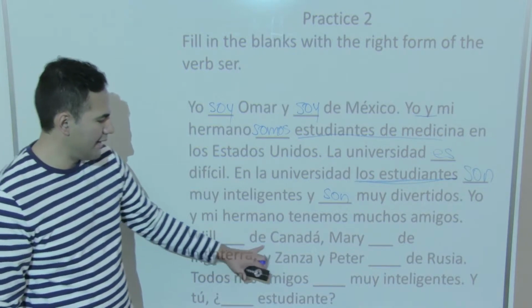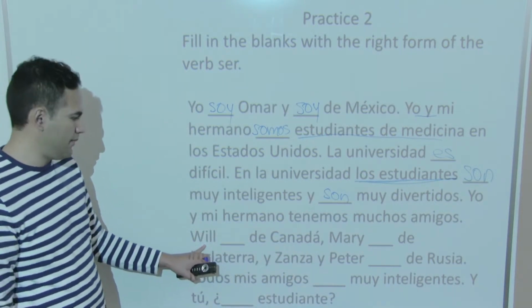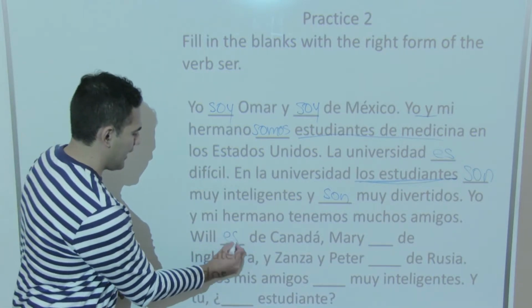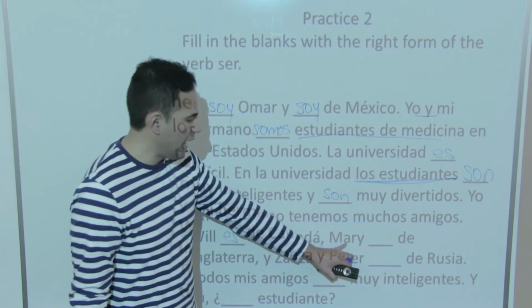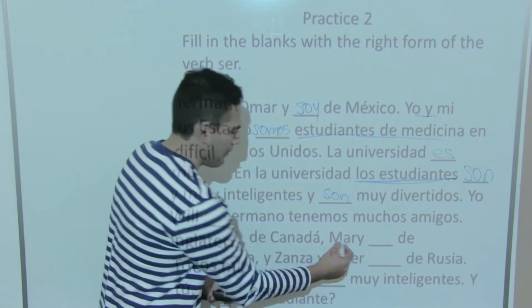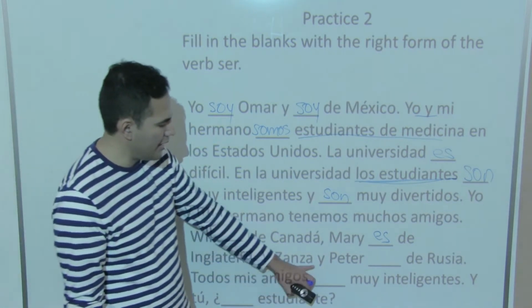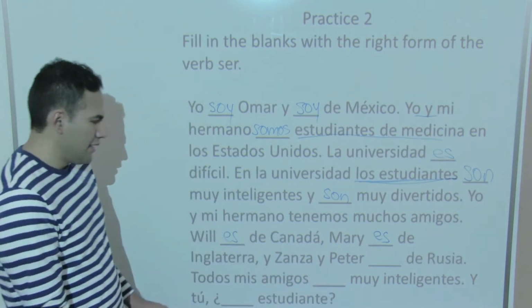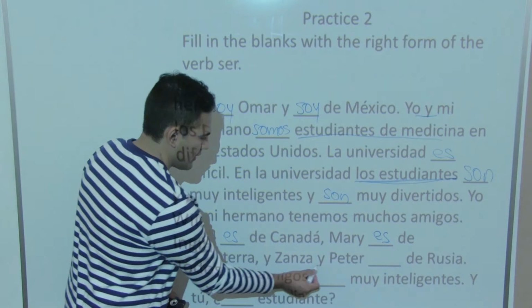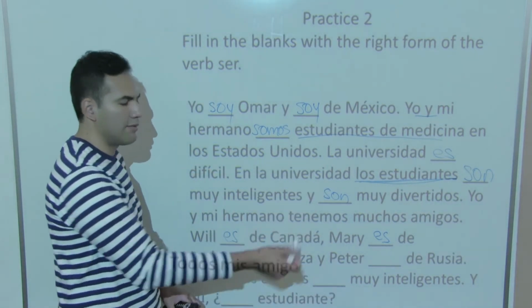Will, de Canadá. So we're talking about the origin where Will comes from. Will es de Canadá. Mary, de Inglaterra. Okay, so Mary es de Inglaterra y Sansa y Peter. So here we're talking about Sansa y Peter. Where are Sansa and Peter from? They're from Russia.